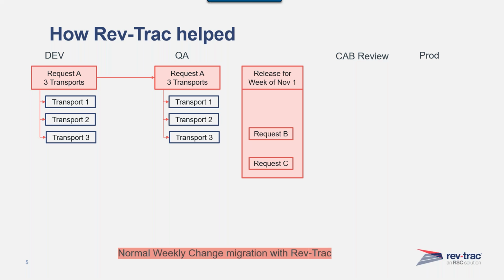They would be attached to the one request A, and then that request A moves through to QA and then on into prod ultimately as a unit, not as individual transport entries. So this was obviously the most logical way to do things when migrating changes, and we knew we needed to get there, and this definitely helped us expedite getting to that point.